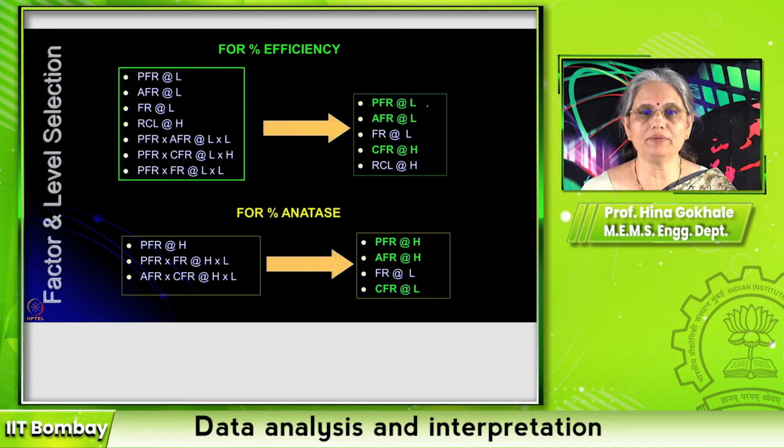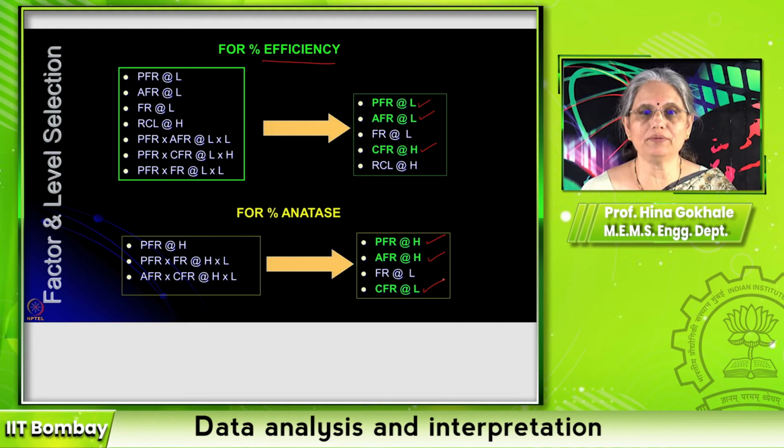Here in the first case for the percentage efficiency, we are saying that keep plasma gas flow rate at low, while in percentage anatase we say that you keep it at high. Additional gas flow rate, here you say you keep it at low, here you say that you keep it at high. And carrier gas flow rate, it says you keep it at high, here we say that you keep it at low.